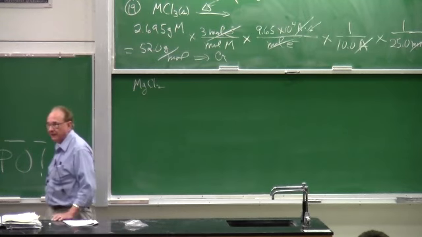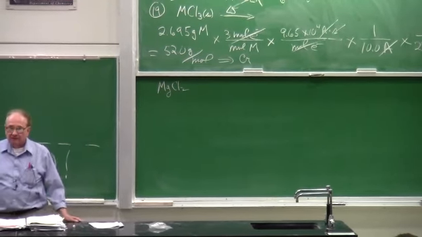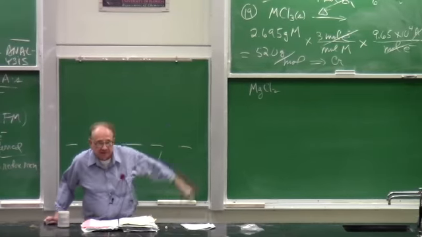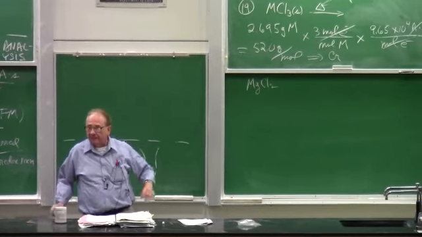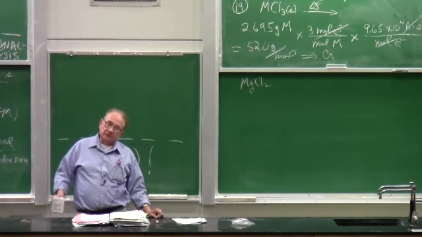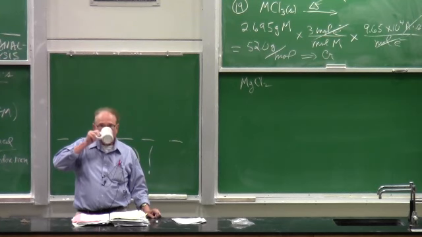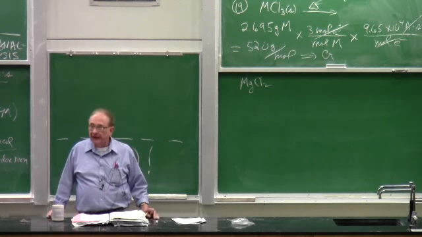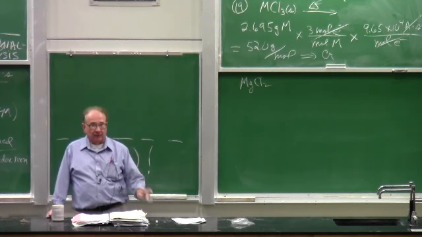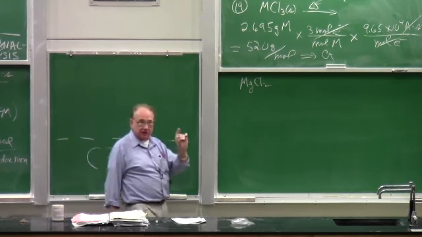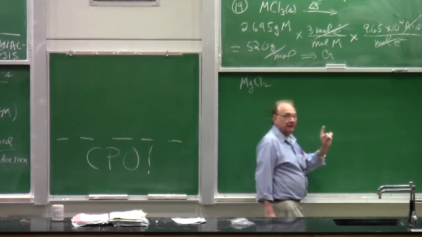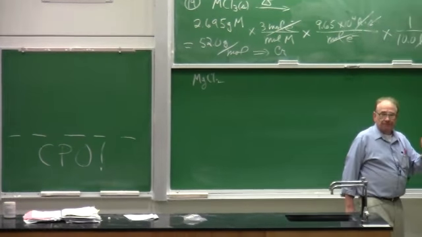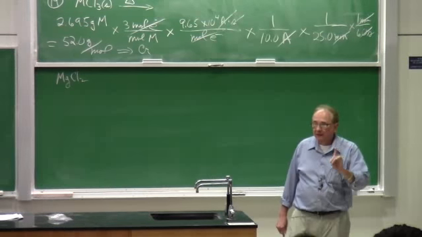If I make a melt of magnesium chloride and I electrolyze it with the same current for the same amount of time, that's question 20. Will I get more magnesium or less magnesium? Now watch out about this more or less, because I can answer this either of two ways. What are the two ways?